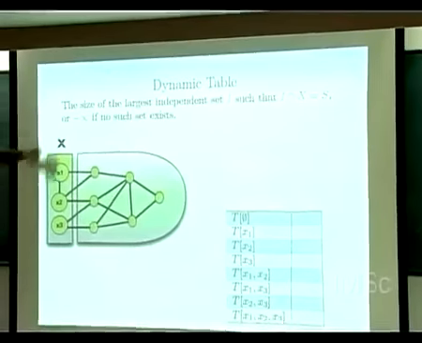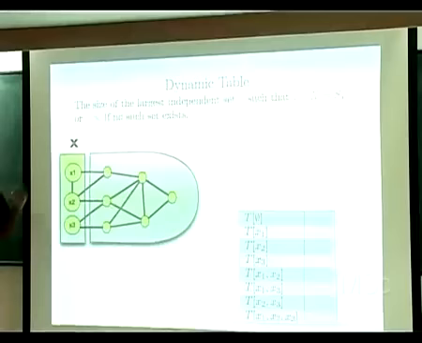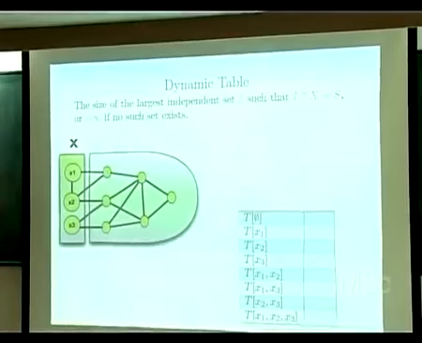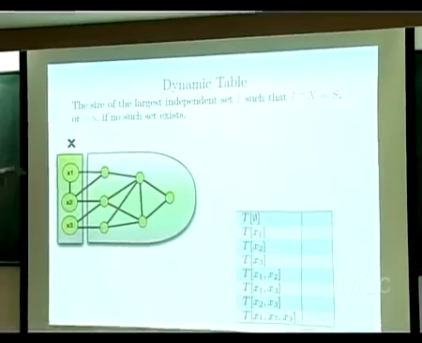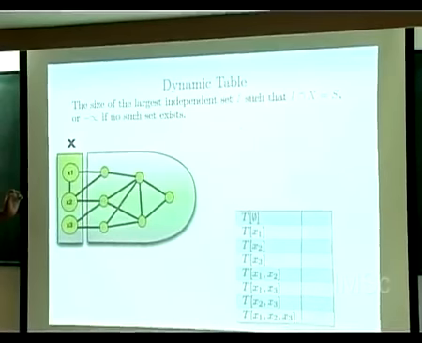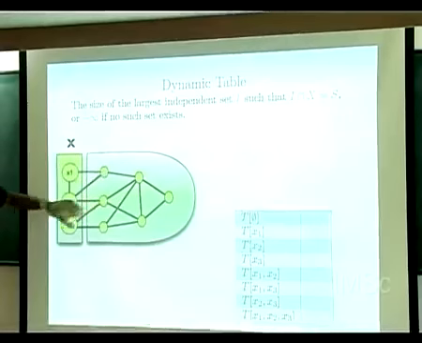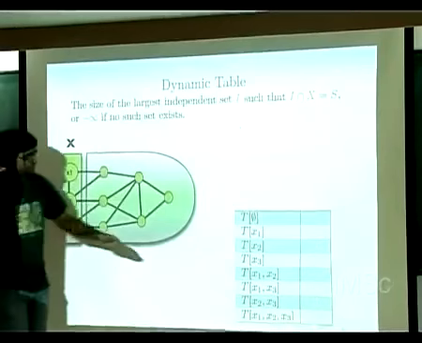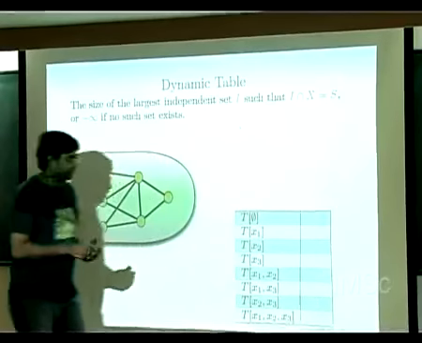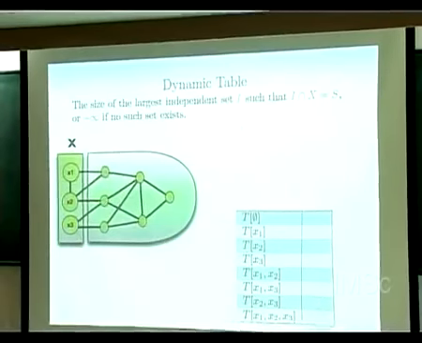So what I'm going to do is the following thing, and I will tell you why this set of information is good enough to compute things. So what I want to keep here is the size of the largest independent set I such that I intersection X is equal to some S, right? So I am going to keep a table. Okay, so what is T of S going to store?